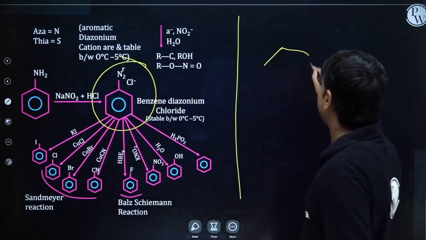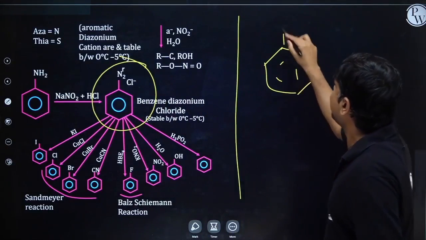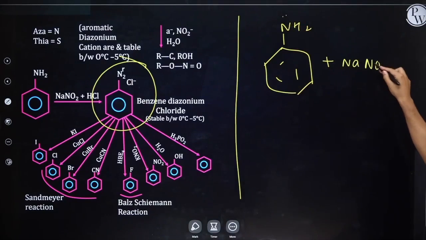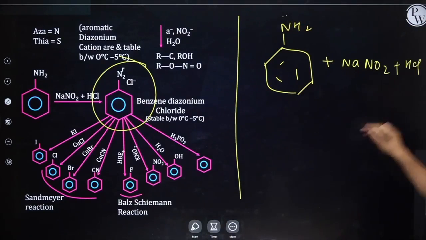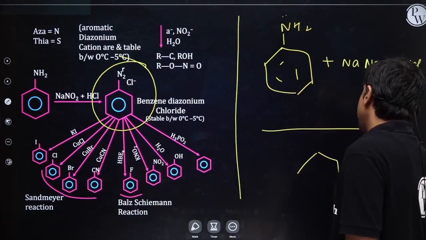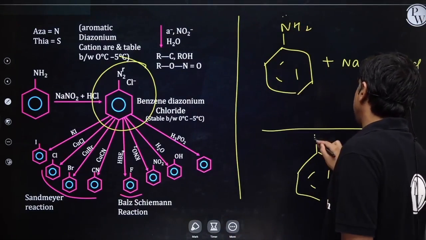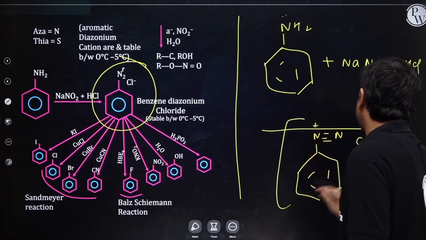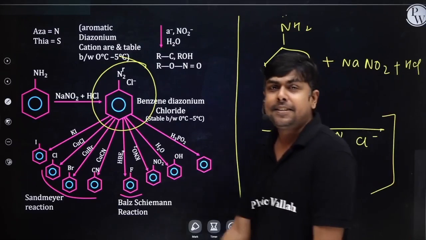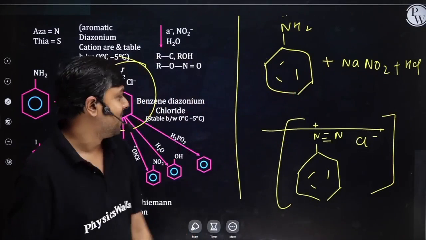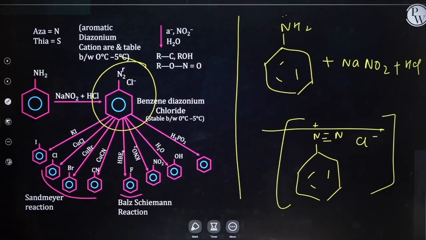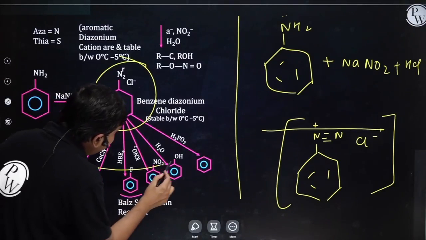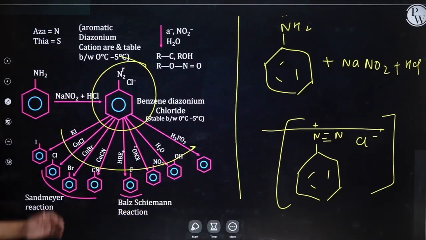Simply you take PhNH2, that is aniline, you treat it with NaNO2 plus HCl. You will have the formation of PhN≡N+ Cl−, and it's nothing but benzene diazonium chloride. Now this benzene diazonium chloride is treated with a series of reagents, right? And then we get different products.